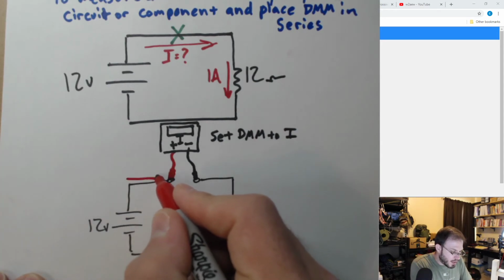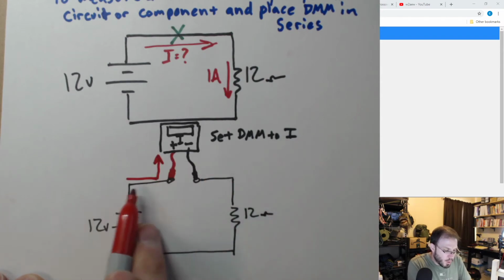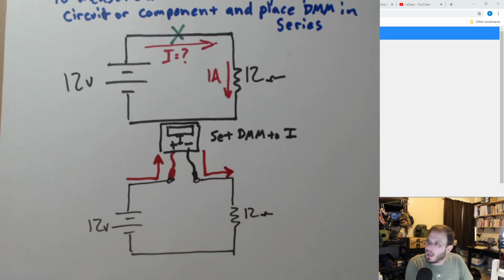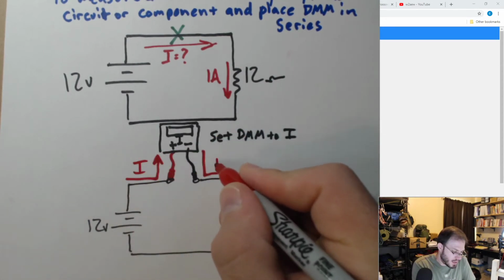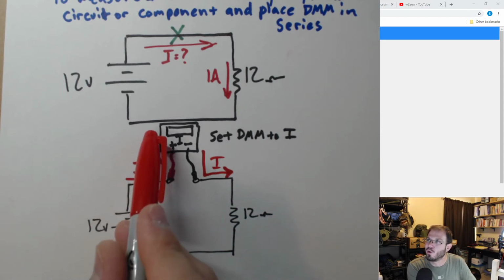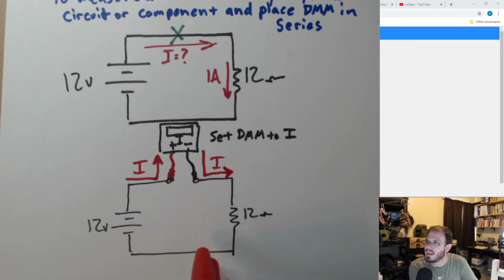I need the current to go into my multimeter and come back out. You can think of this as the multimeter counting the electrons that it sees per second. Okay, I need the electrons to flow through my multimeter and then finish going through the rest of the circuit.